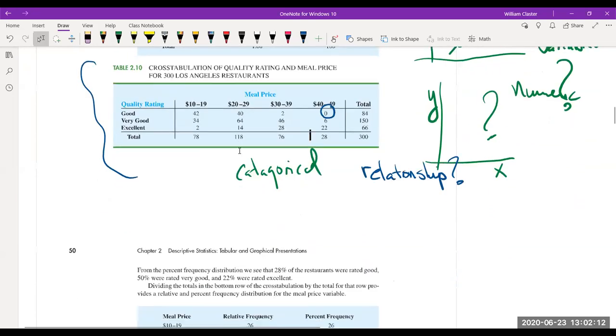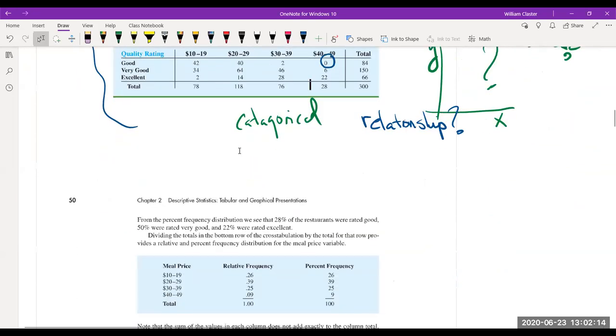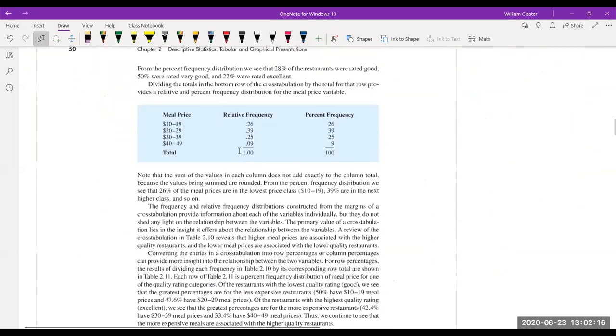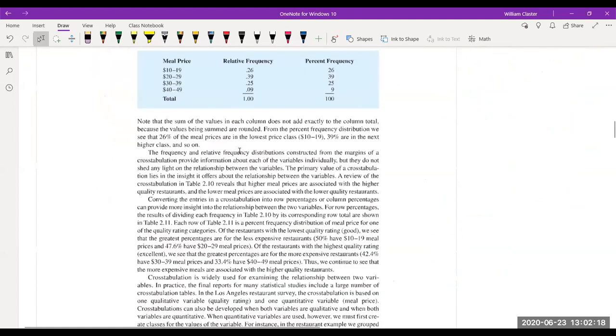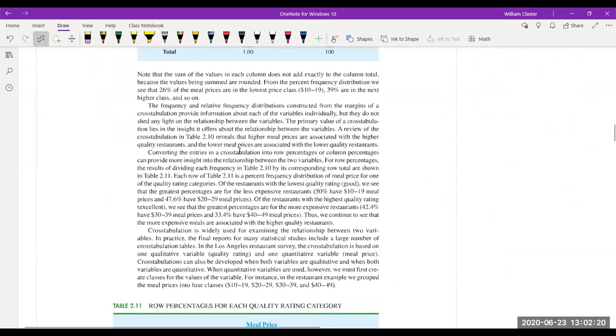Okay, so let's keep going. Let's see what they say here. Okay, let's start out here.